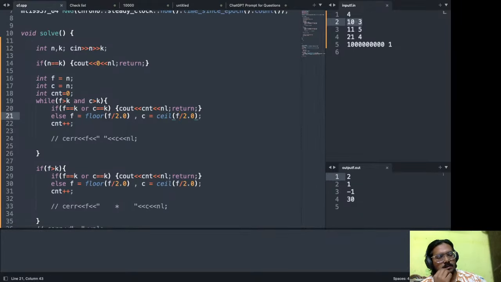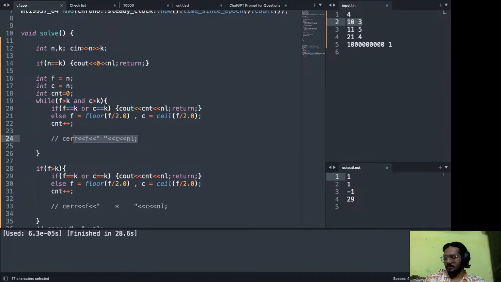So then there can be chances of missing. This means the answer can be decided in both directions.